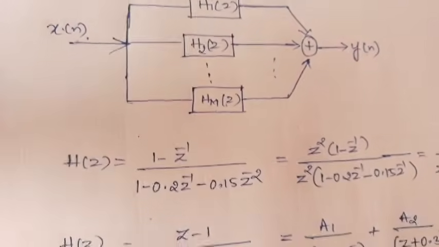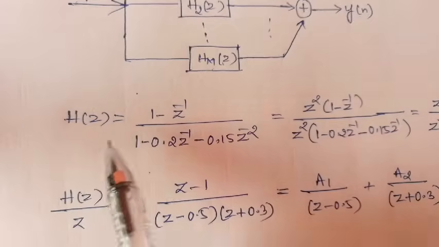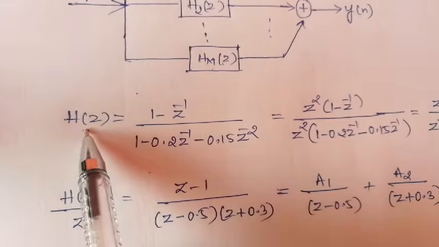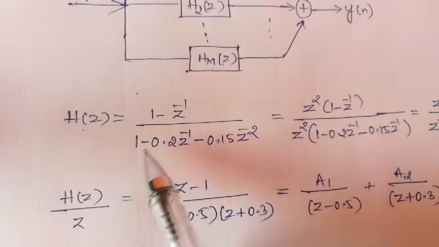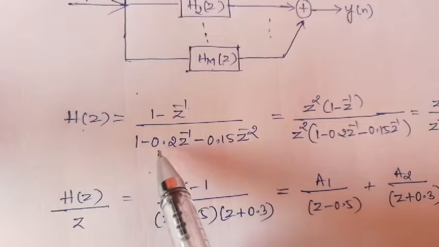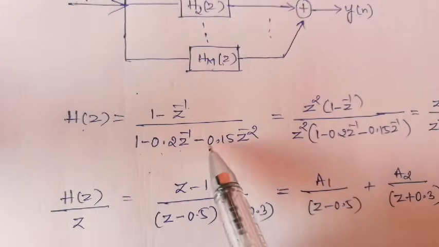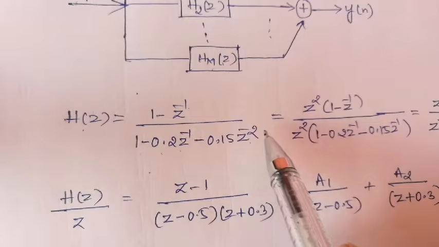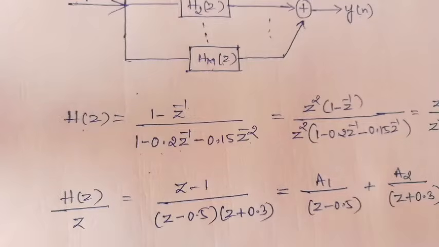Let us discuss with the help of an example. If the given system function is H of z equal to 1 minus z to the power minus 1 divided by 1 minus 0.2 z to the power minus 1 minus 0.15 z to the power minus 2. One more point to remember: in order to realize the given system function in parallel form, we have to express it using the partial fraction expansion method.